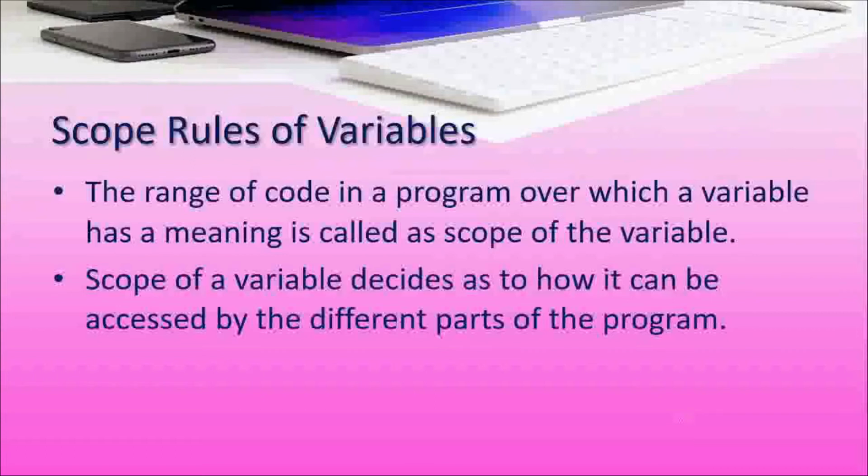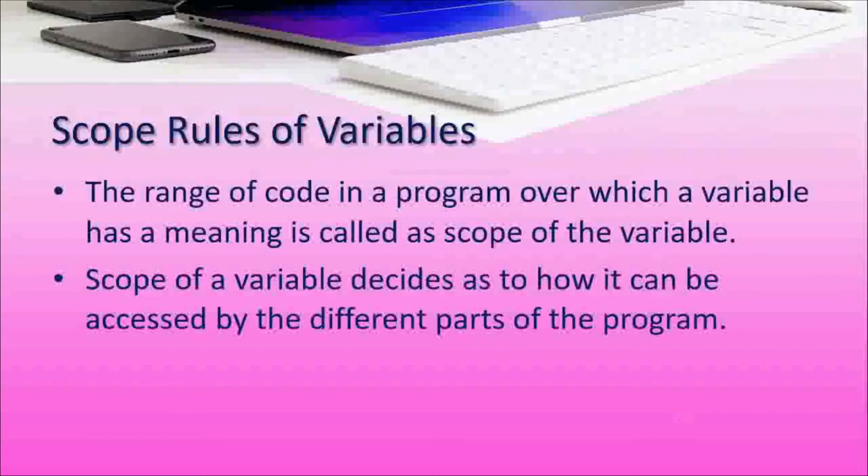So if you define such a variable, say int x, just after the opening curly braces, then wherever that particular variable is available is defined by the scope of the variable.